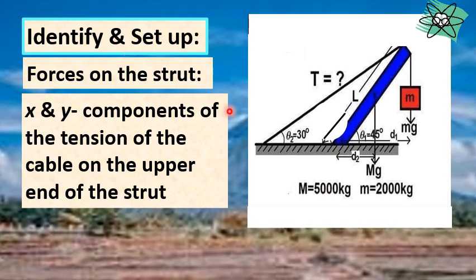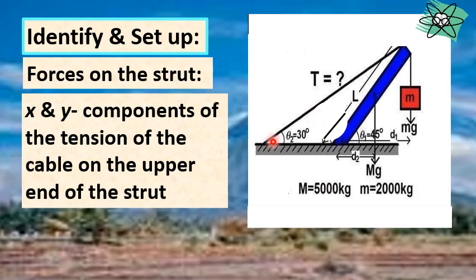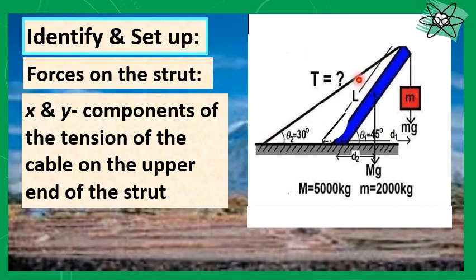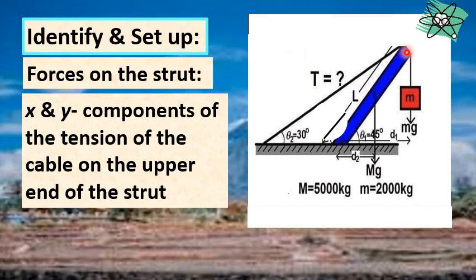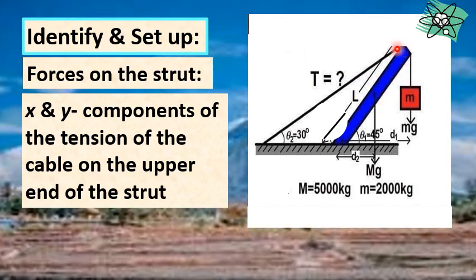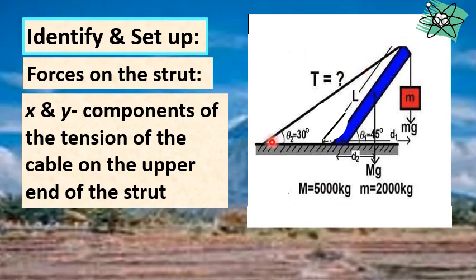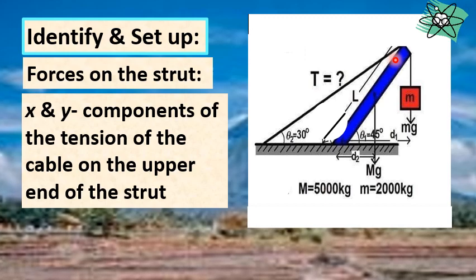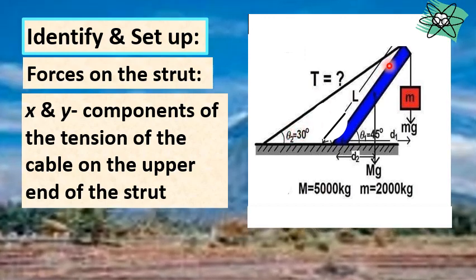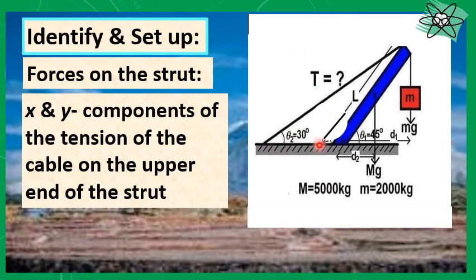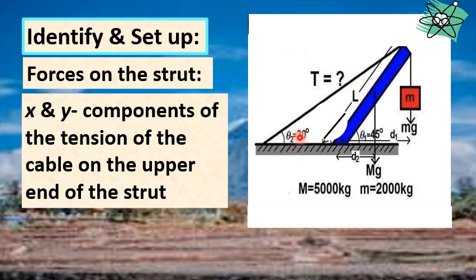The third force that is acting on the strut, of course, is the tension force exerted by this cable, specifically on the upper end of the strut. The cable is pulling it along that direction. The angle that is formed by the cable with the horizontal beam is 30 degrees.